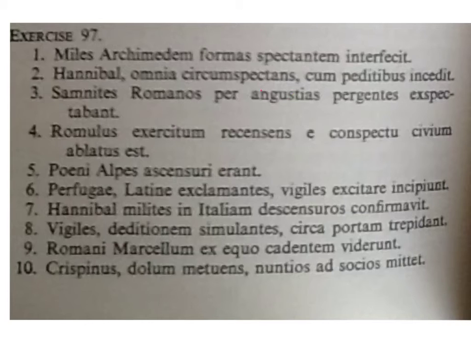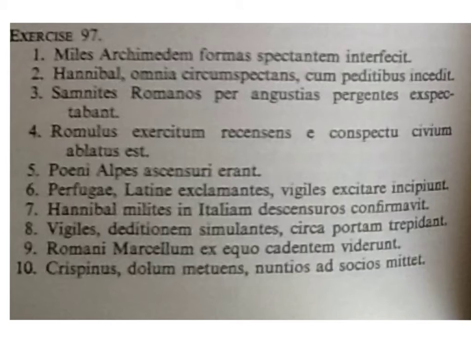So the Samnites were waiting for the Romans proceeding through the angustias, through the tunnels or something like that. Pergentes is going to be accusative plural of the present participle, proceeding through the tunnels.